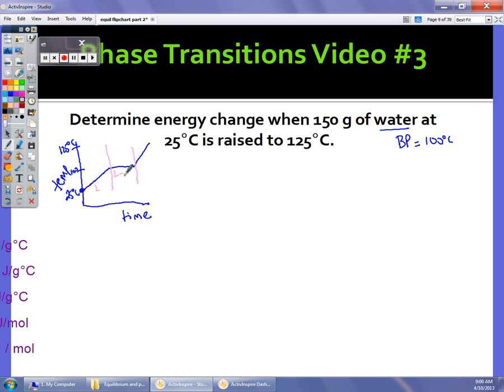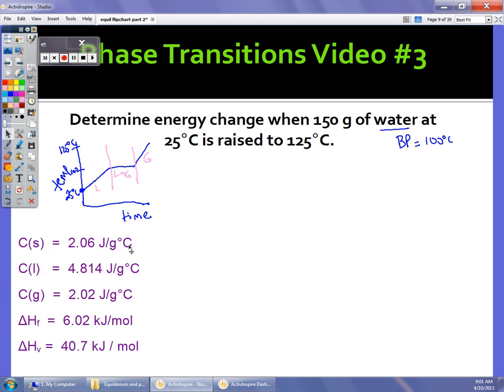Then the liquid went to a gas because we are boiling, and then we're going to be a gas. We're going to have 3 different formulas. As I said, they will always give you the variables that you need. You're just going to have to be able to figure out which one is appropriate at the time. Let's start off by doing step 1, then we'll do section 2, and then we'll do section 3.